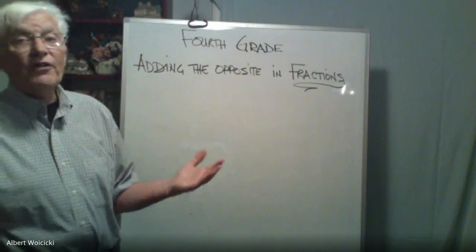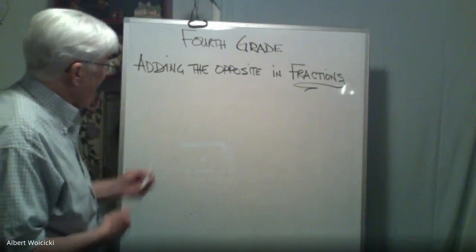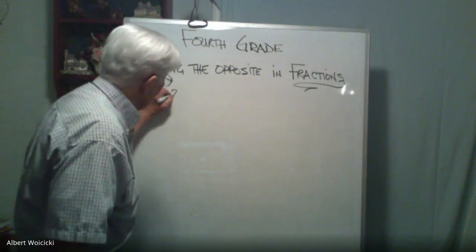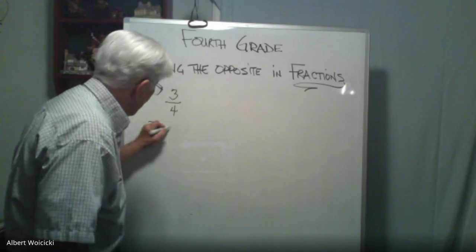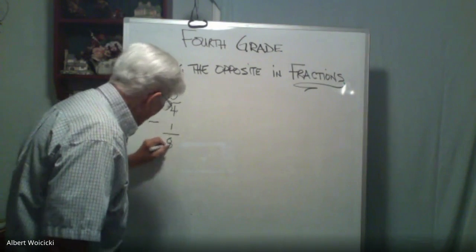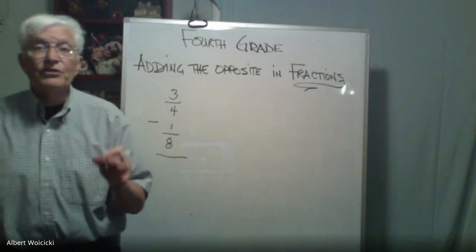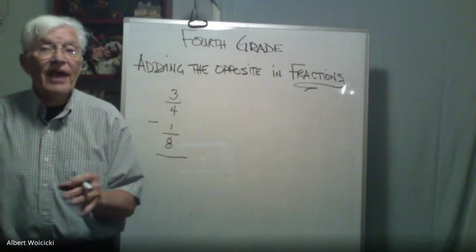There's nothing different, nothing new under the sun here, because if I have 3/4 and I need to subtract 1/8 away from it, I still have to do the same thing I did last time.